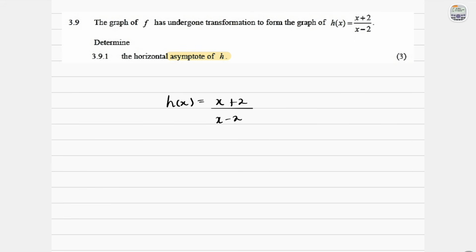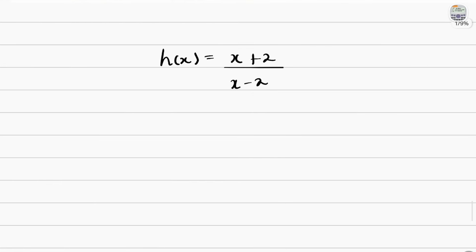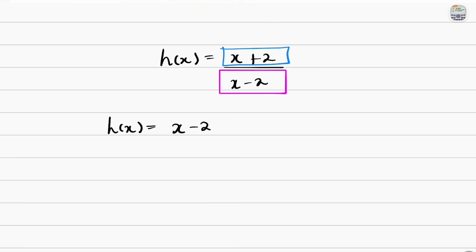So we're going to form a 1, and we do that by using this denominator of x minus 2. So rewrite this as h of x equal to, in the numerator, x minus 2, but it still needs to equal x plus 2. If you had x minus 2, what do you add to get back to x plus 2?